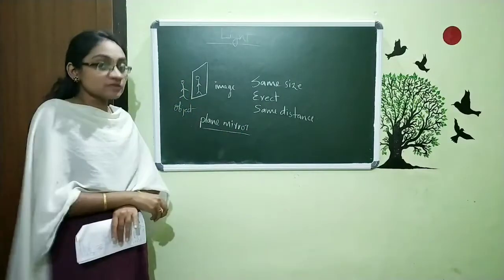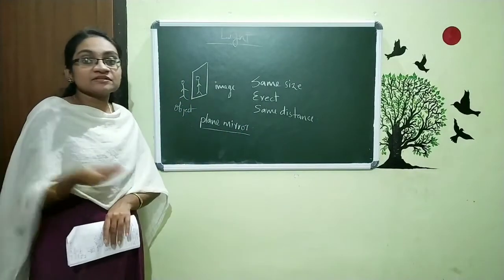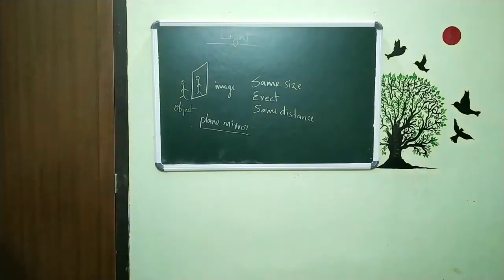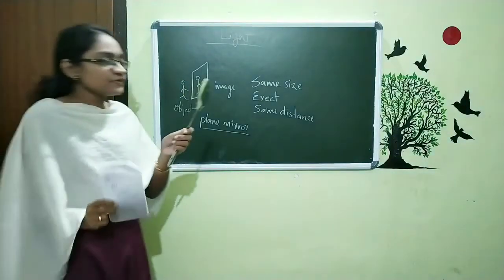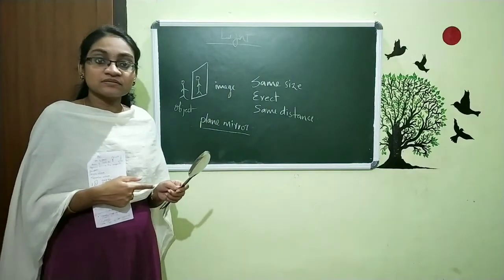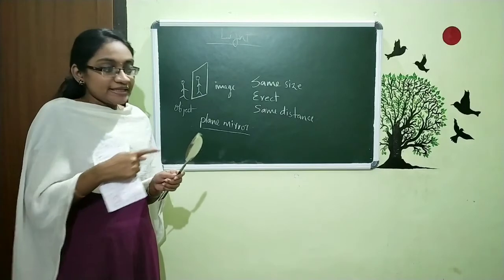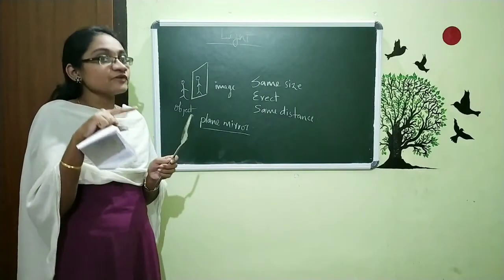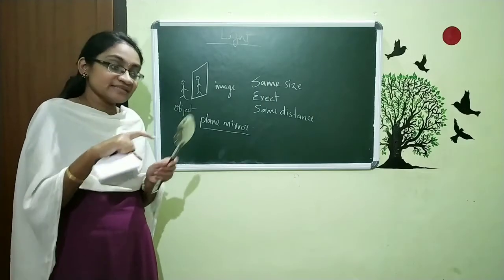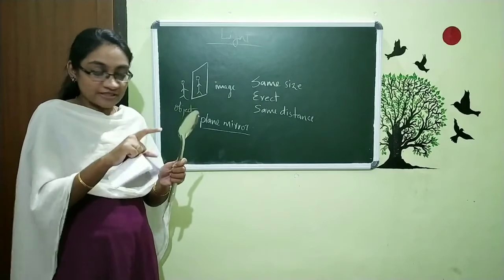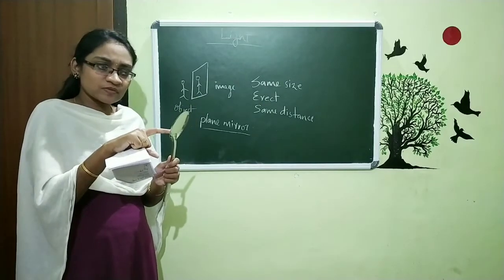We concluded our class by talking about the spoon. When we look at the spoon, what can you see? Is it similar to the plane mirror? No. On this curved surface you can see your face in a particular size, and when you twist the spoon and look, you can also see your face, but its size is different.